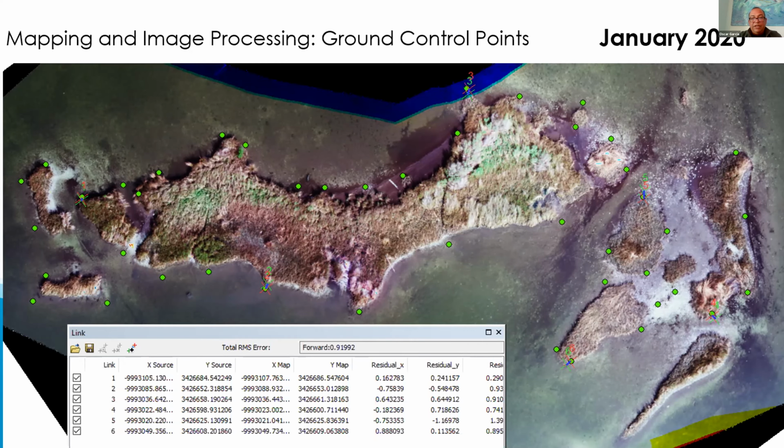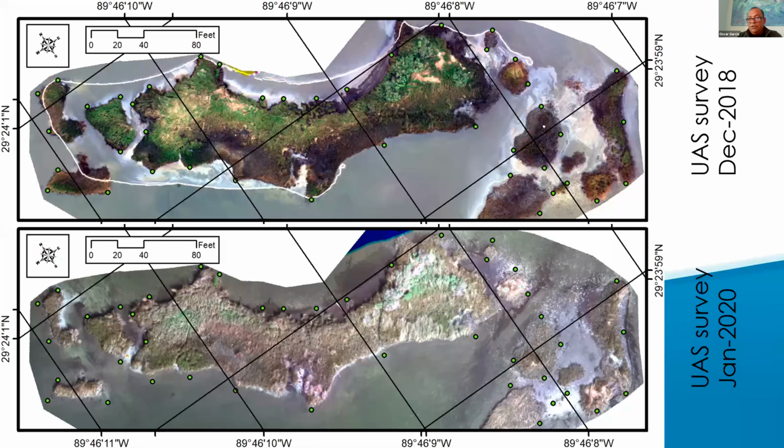Now that we have the two surveys well aligned, we can proceed to do land classification and vegetation classification. Here I'm showing you the two surveys, 2018 and 2020, with the ground points. Before I do any classification, if we look closely, I'm pointing at the little island on the left part of your screen, in the upper segment.